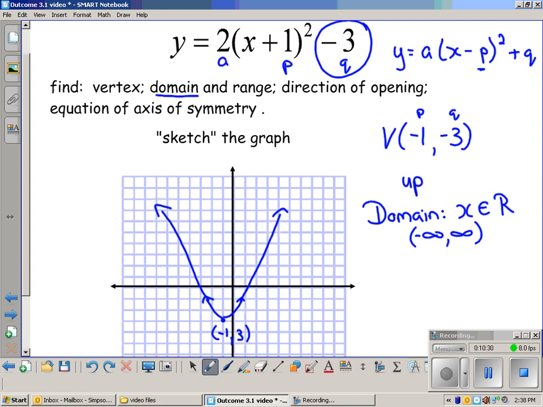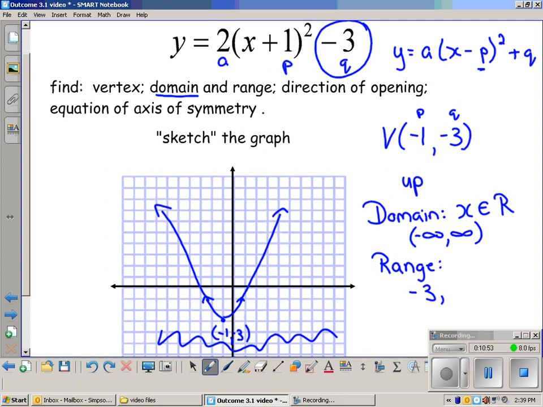The range is the values that y can be. If we look at our parabola, y cannot be in this area down here. So the smallest value that y can be is -3.